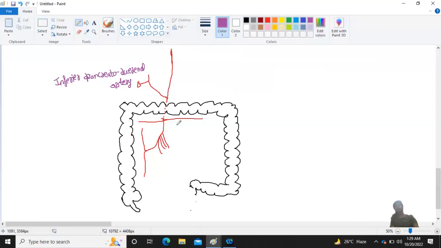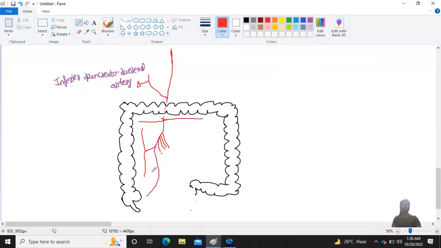Then it goes above. So there are branches. One branch is this, second branch, third branch, fourth branch, and the last it continues as a branch called the ileocolic artery.